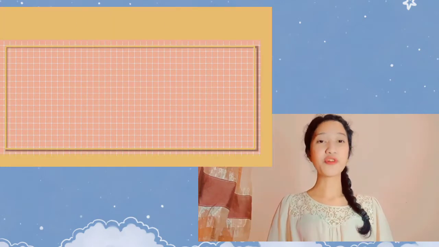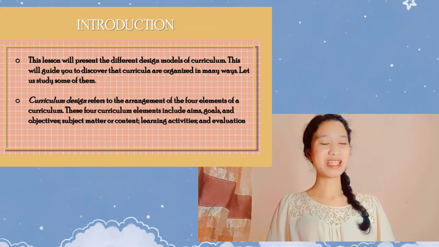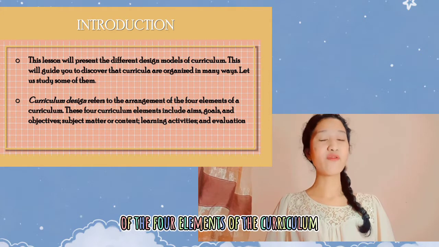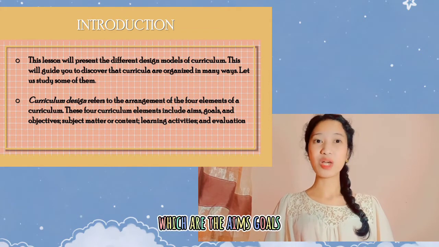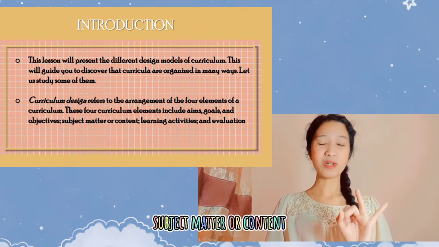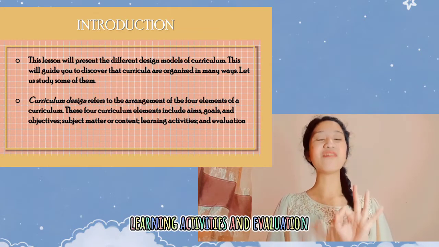Before we move further, let us first define what curriculum design is. As it says, it refers to the arrangement of the four elements of the curriculum, which are the aims, goals, objectives, subject matter or content, learning activities, and evaluation.